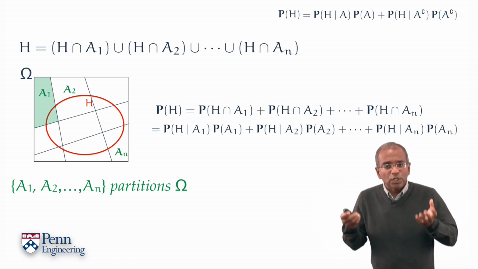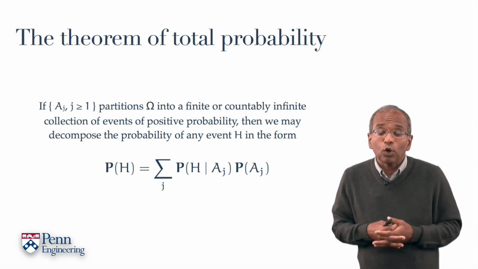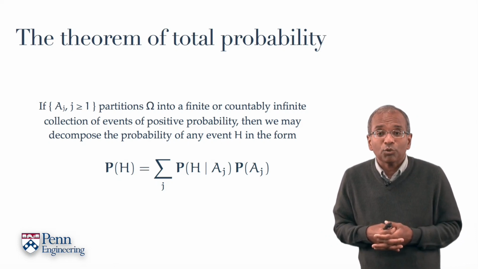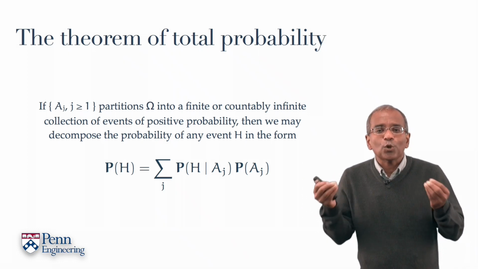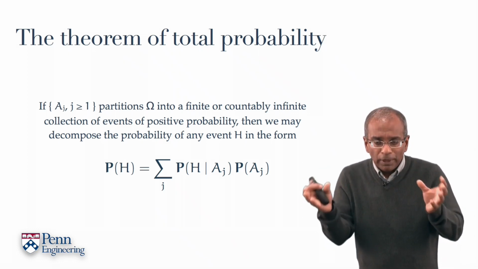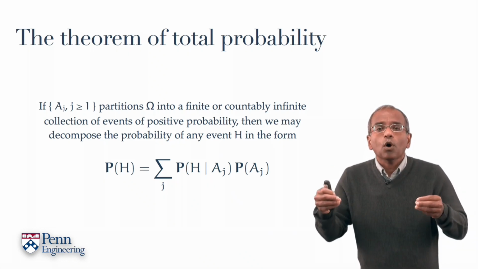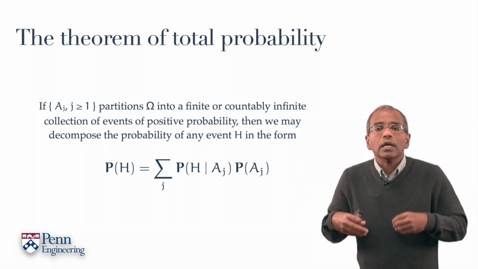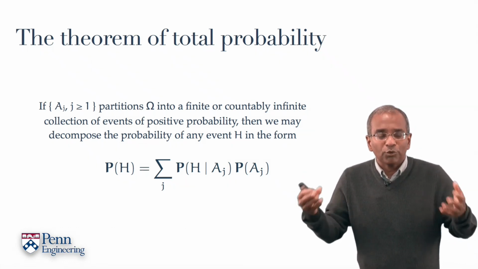This generic principle of additivity in this particular context is, following Kolmogorov's seminal work of 1933, called, rather grandiosely, the theorem of total probability. Informally put, we start with a partition of a sample space into a collection of sets, a collection of events, A1, A2, A3.